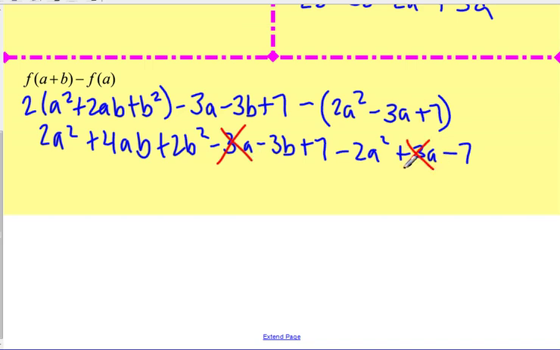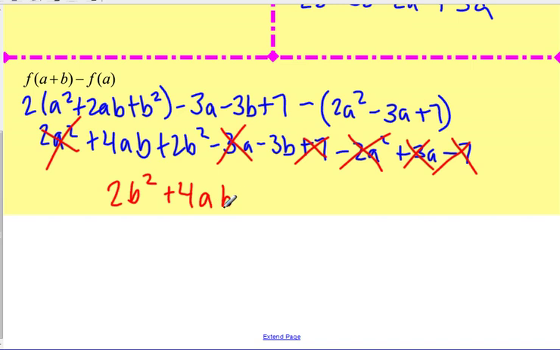I have a positive 2a squared and a negative 2a squared. I have a positive 7 and a negative 7, which would leave us with 2b squared plus 4ab minus 3b. Okay, again, the key there is to remember to distribute that negative, and we'll find that some things will cancel. If you have any further questions, please feel free to ask them in class.